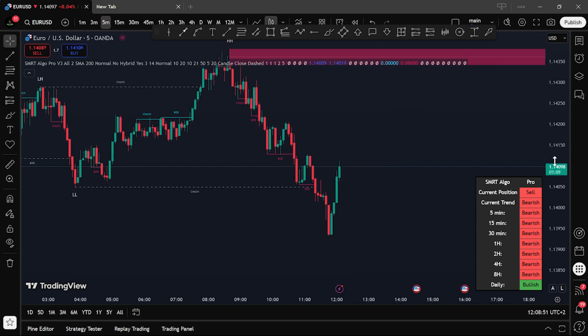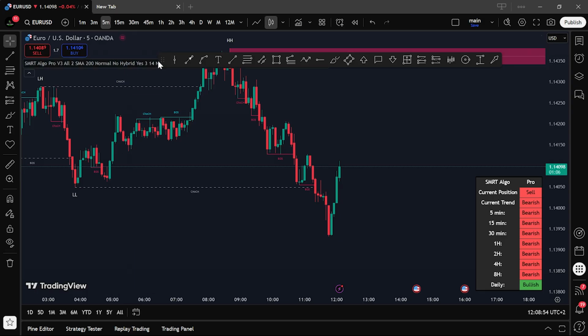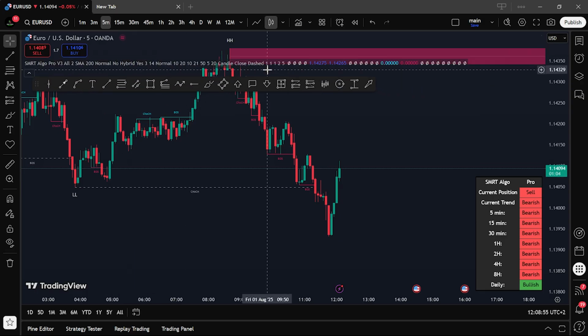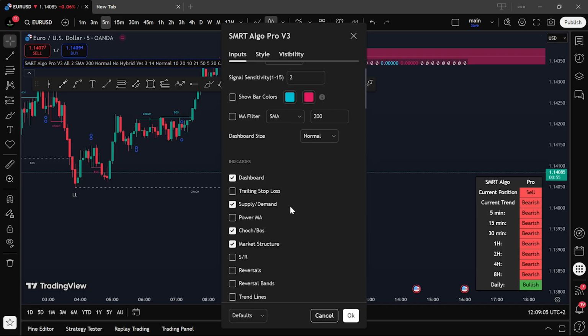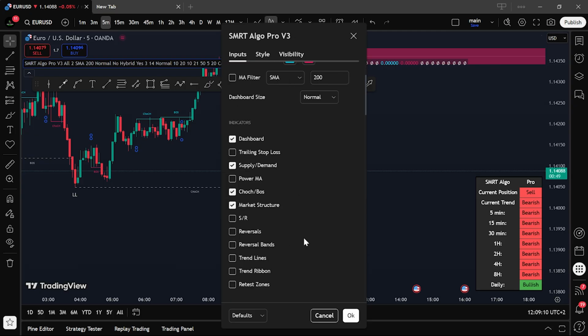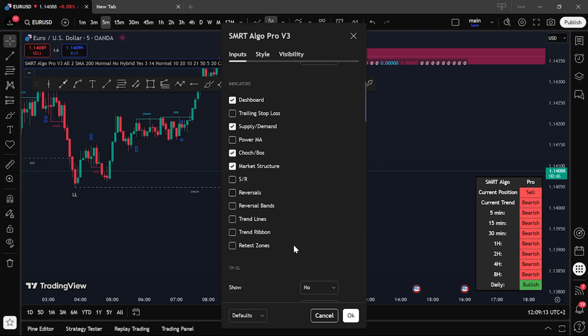Before we begin, let me show you my settings so that you can clearly see them. On the buy and sell, I have removed it, and the dashboard is on supply and demand zone. This will help me to identify those supply and demand zones, the change of character, and the market structure. The other ones I just leave off.